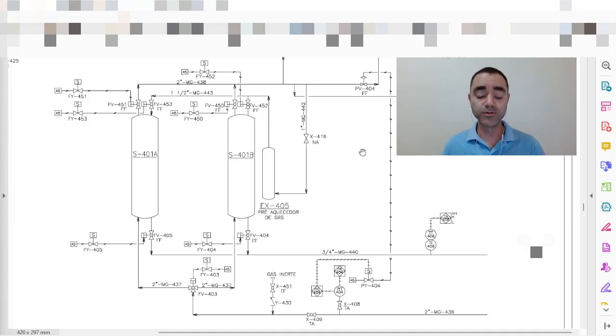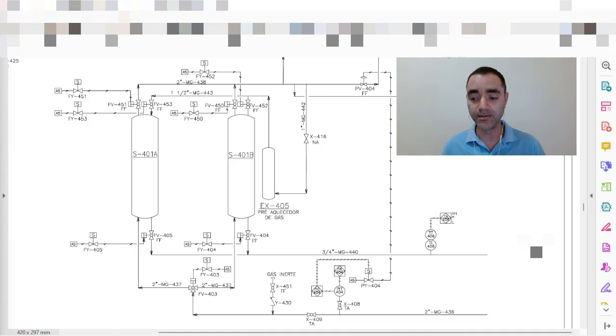To be able to do that, at the bottom of my P&ID, I have a pressure indicator transmitter that sends a signal to the pressure control valve PV404. What is the function of this PV404? It is to keep a constant pressure upstream of the valve.